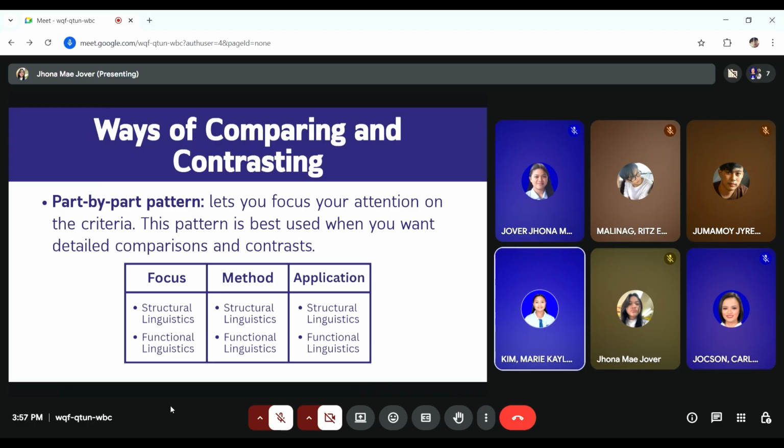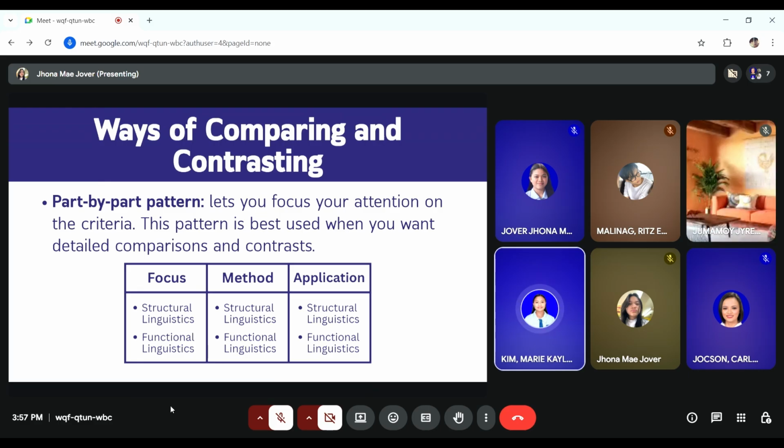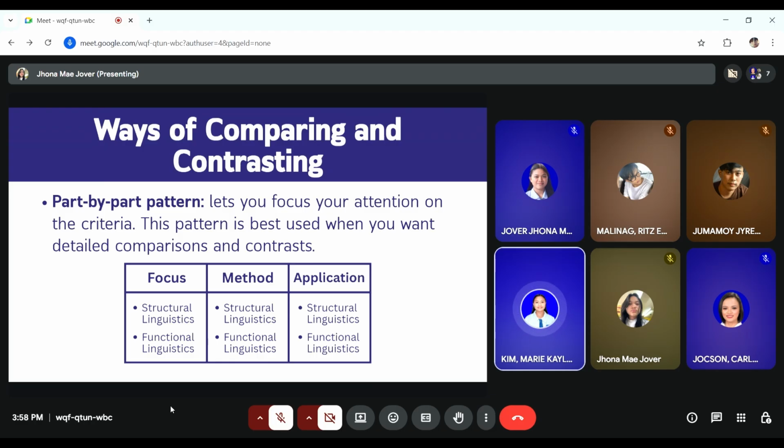For example, we begin by comparing structural linguistics and functional linguistics in terms of focus. We explain how each theory views language. Next, we compare them in terms of method, discussing how each approach analyzes language.